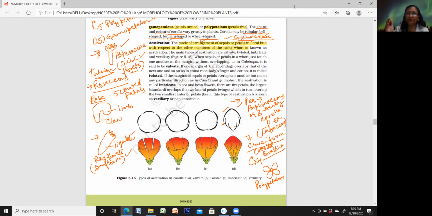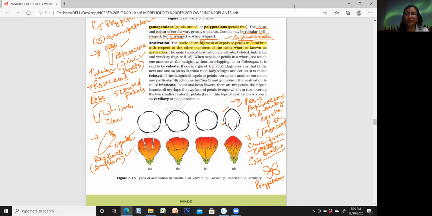Basically, we see the overlapping part. This is known as aestivation. But we see it always in a bud. I hope you notice this, that it is in a floral bud. It's very much given here that it is in the floral bud.